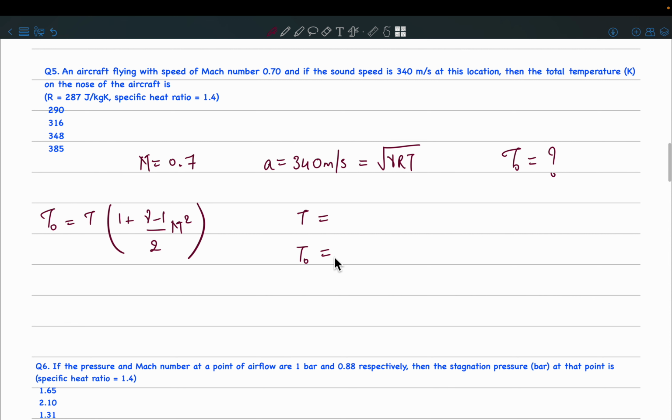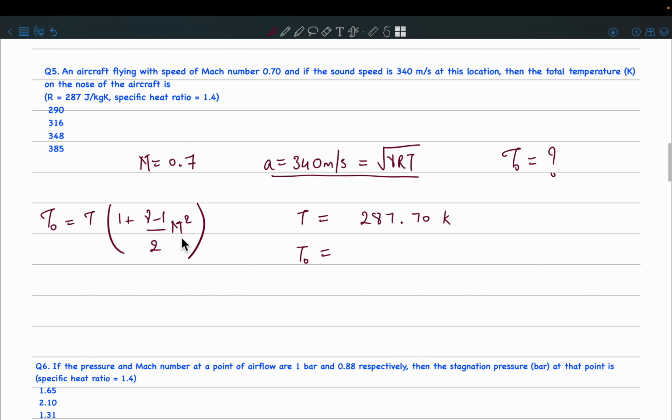What is the value of the static temperature? You just have to use this equation. Okay, so this is 287.70 Kelvin. And then what is T naught? So you just substitute this T value here.